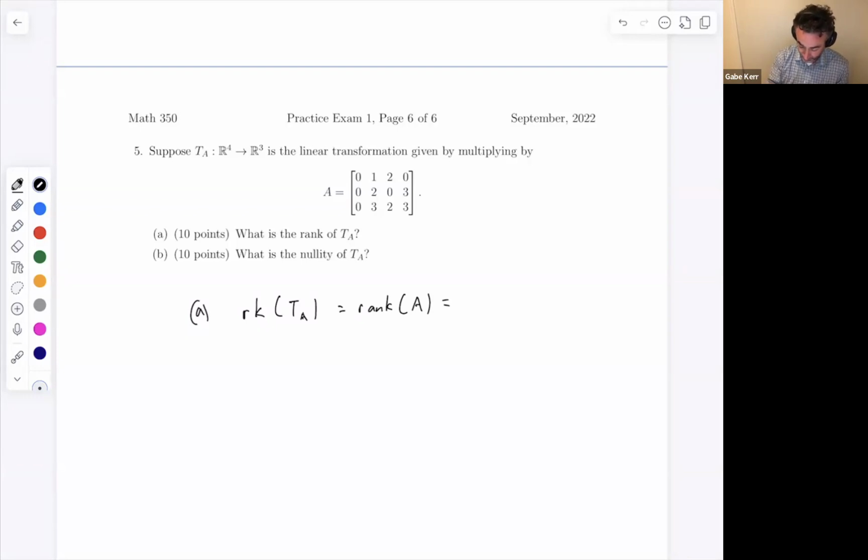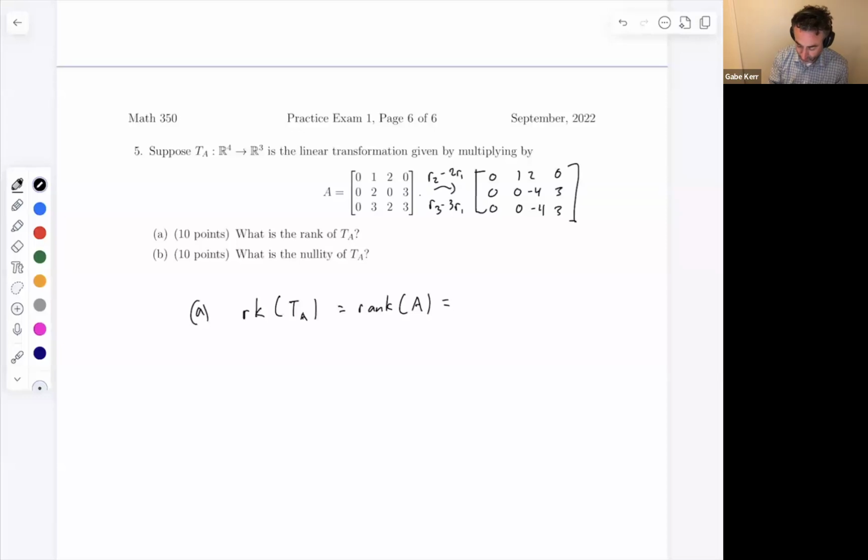So here, what you can do is just some row reduction. I'm going to subtract 2, I'll get 0, I'll get -4, I'll get 3. I'm just taking R2 minus 2 R1, R3 minus 3 R1. 0, 0, -4, 3.